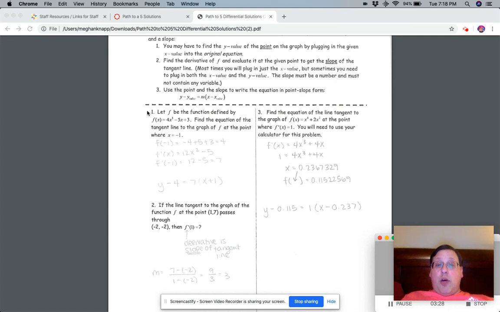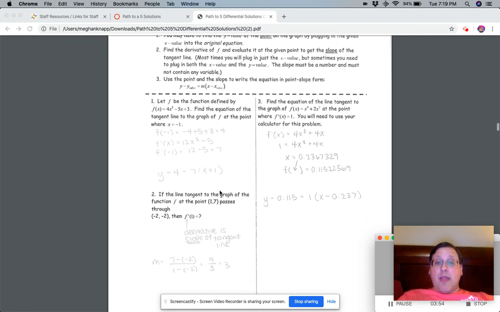So number 1, they took the derivative using the power rule, plugged in -1 to the derivative to get the slope. That slope has to be a number. In terms of getting the point on the curve, they had to take -1 and plug into the original f of x, because that's what determines location. f is location, f prime is slope.